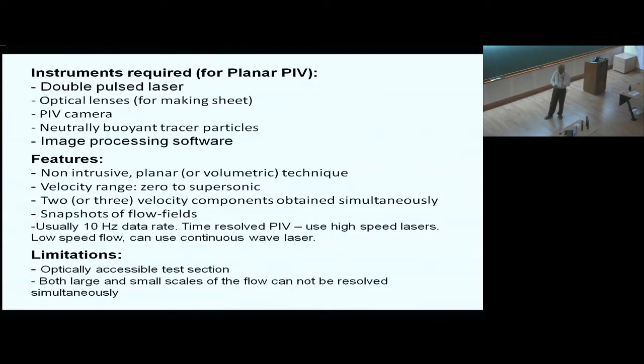With LDV, resolution is more, but you get a single point, that measurement volume. Those volumes can be very small, so it's well resolved spatially and temporally, because you get high speed data. So you get turbulent information at a point. The advantage of PIV is that you have information in the whole plane simultaneously. But you don't get that type of resolution.